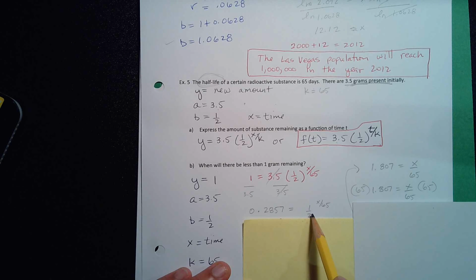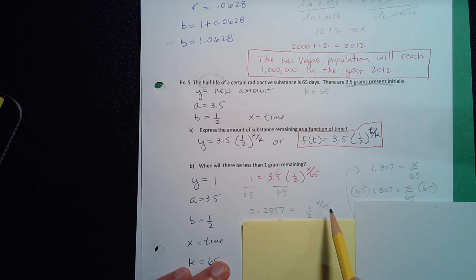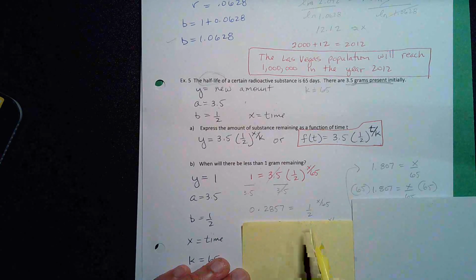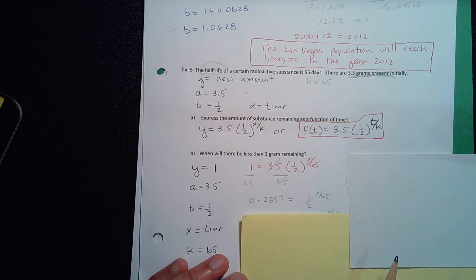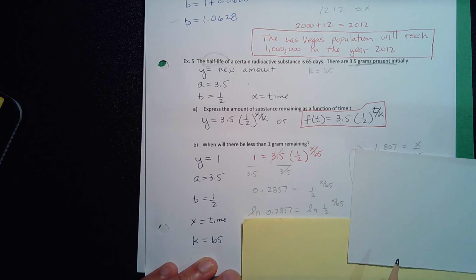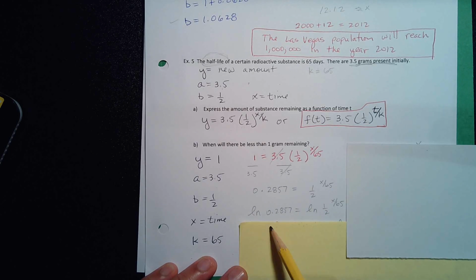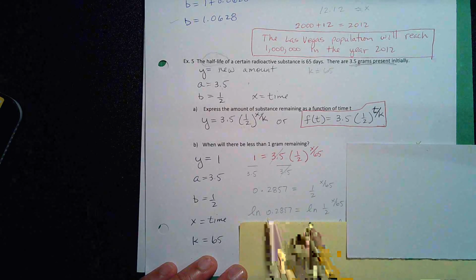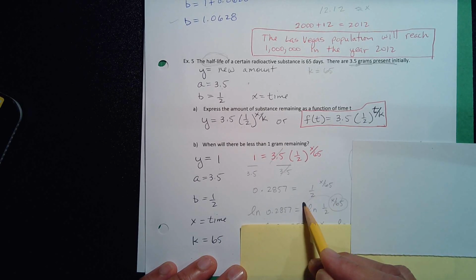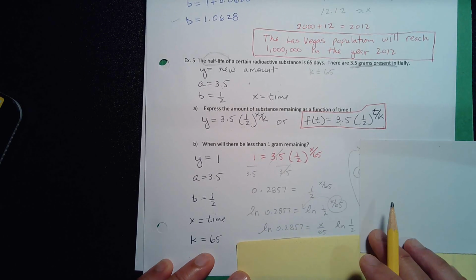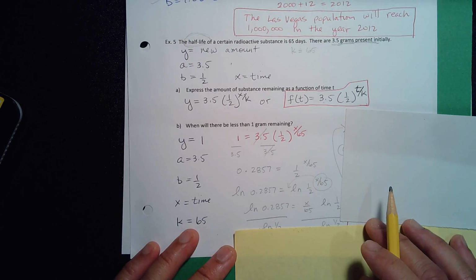Now we cannot move this 1/2 because it's attached to this exponent. So again, whenever you have a variable in the exponent, what do you do? That's right, we have to log both sides, or natural log, same thing. So we natural log both sides. That means now I can move this to the front. Okay.